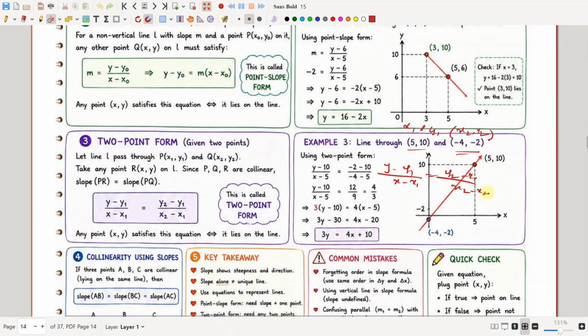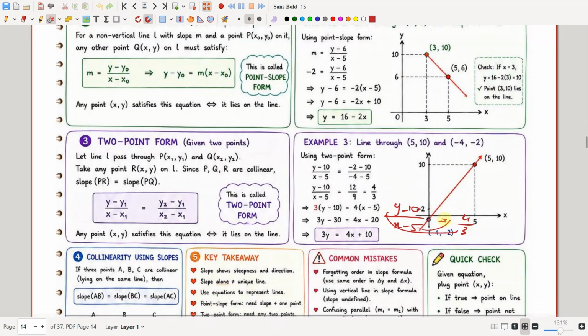So y minus 10 divided by x minus 5 is equal to minus 2 minus 10 divided by minus 4 minus 5, so it will be minus 12 over minus 9. Since both are negative, we cancel the negative, getting 12 by 9, which simplifies to 4 by 3. So y minus 10 divided by x minus 5 is equal to 4 divided by 3.